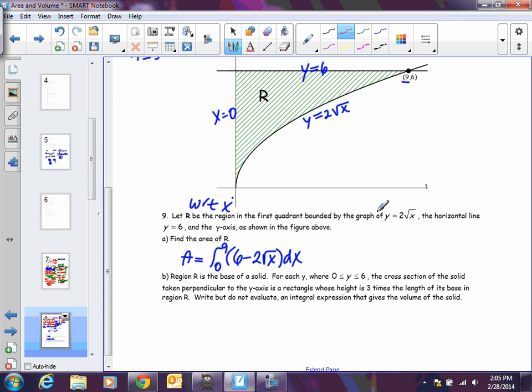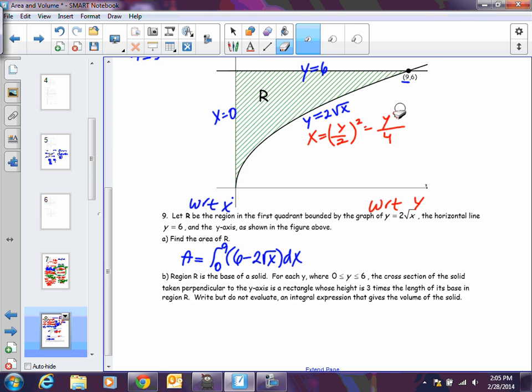Okay, so let's challenge ourselves. If we wanted to do this with respect to y, I would need to solve this equation for x equals. So I would divide by 2, and then I would square it, which is y to the 4th over 4. Or, no, just y squared. Who knows? It's Friday.